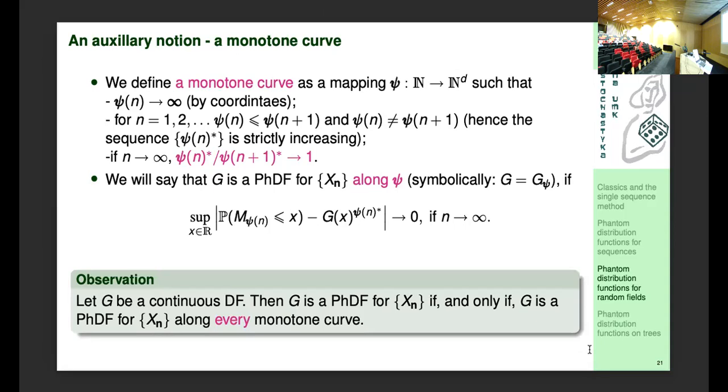G is a phantom distribution function for X_n if and only if G is a phantom distribution function for X_n along every monotone curve. And the continuity plays a role here. So it is reducing, in a sense, the general statement to geometric objects, I mean to monotone curves of this type.